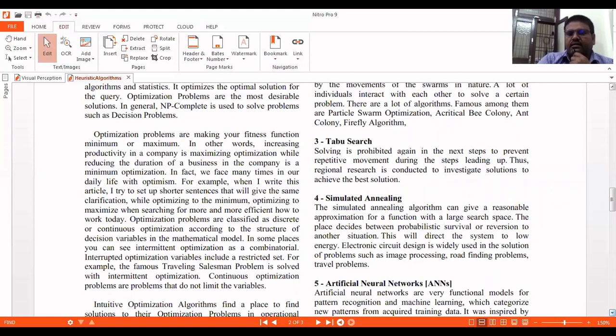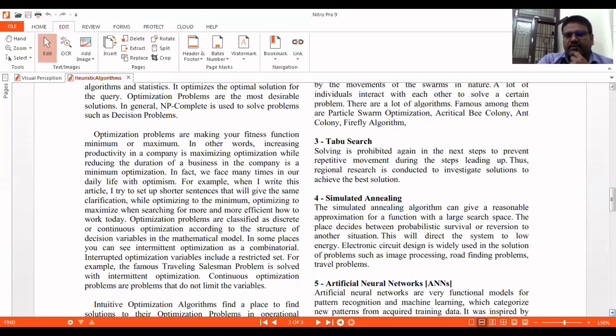Fourth is simulated annealing. The simulated annealing algorithm can give a reasonable approximation for a particular function with a large search space.